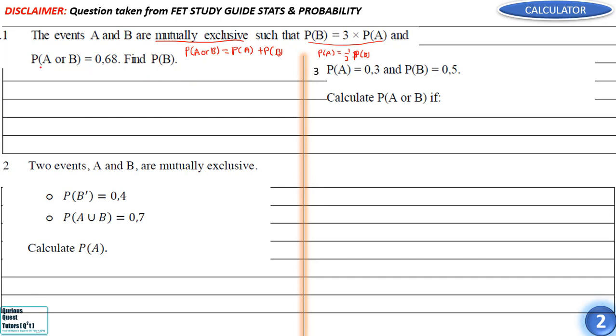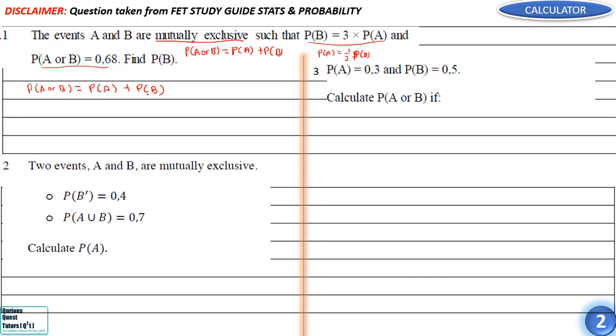We are also given the probability of A or B, which makes our life very easy. At this point, it would be wise to just copy this formula or look it up in the formula book, if they give it to you, and rewrite it exactly the way it is. So the probability of A or B is equal to the probability of A plus the probability of B. Again, grade 10s, we are confronted with a decision: what do we do with these two probabilities?